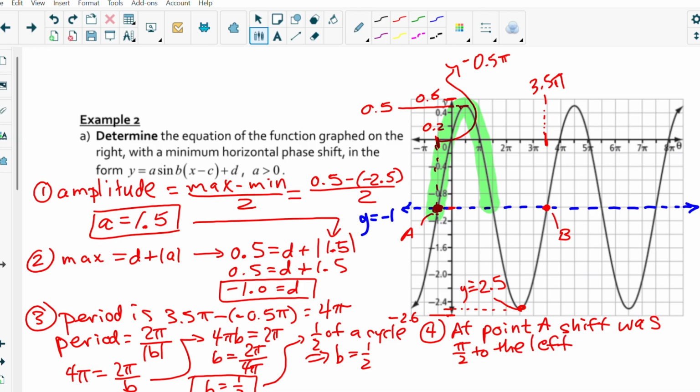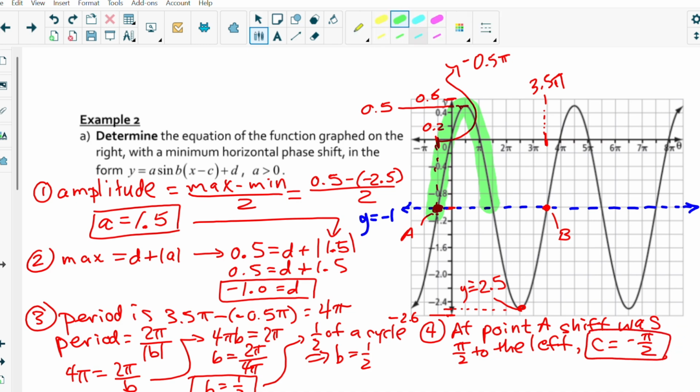If you imagine the sine function like this, because remember the sine function always starts from the sinusoidal axis, I'm going pi over 2 units to the left that way, right? So that's our horizontal phase shift. Okay, so let's write out the rest of that. At point A, shift was pi over 2 units to the left. Therefore, c equals negative pi over 2. Okay, let me put a box around that.